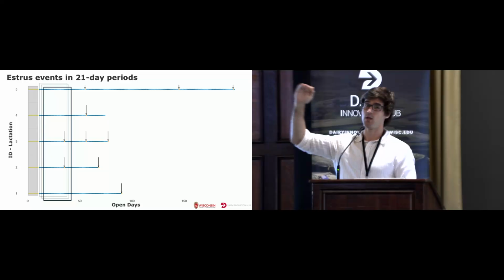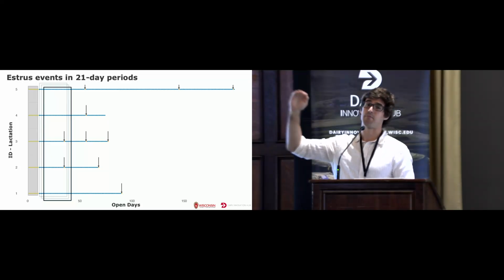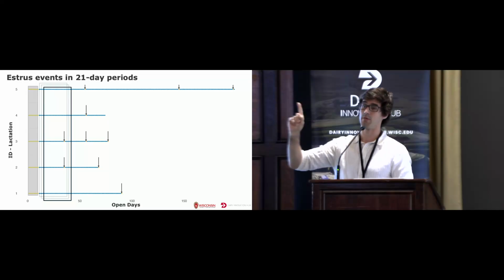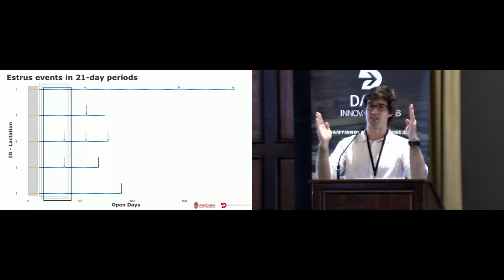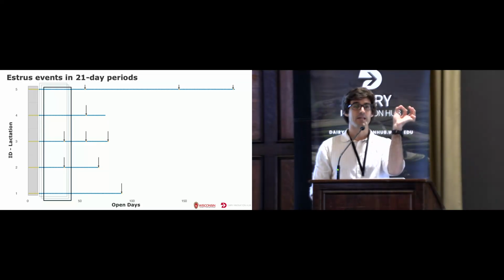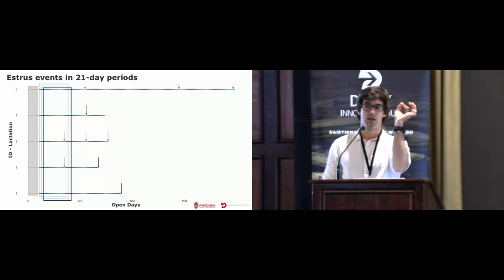Some of them will not show estrus, so will be 0, and others will show estrus, so will be 1. So the trait is a binary trait, 0, 1, and is always estrus expression within 21 days in milk. So we take the heritability of this single trait.